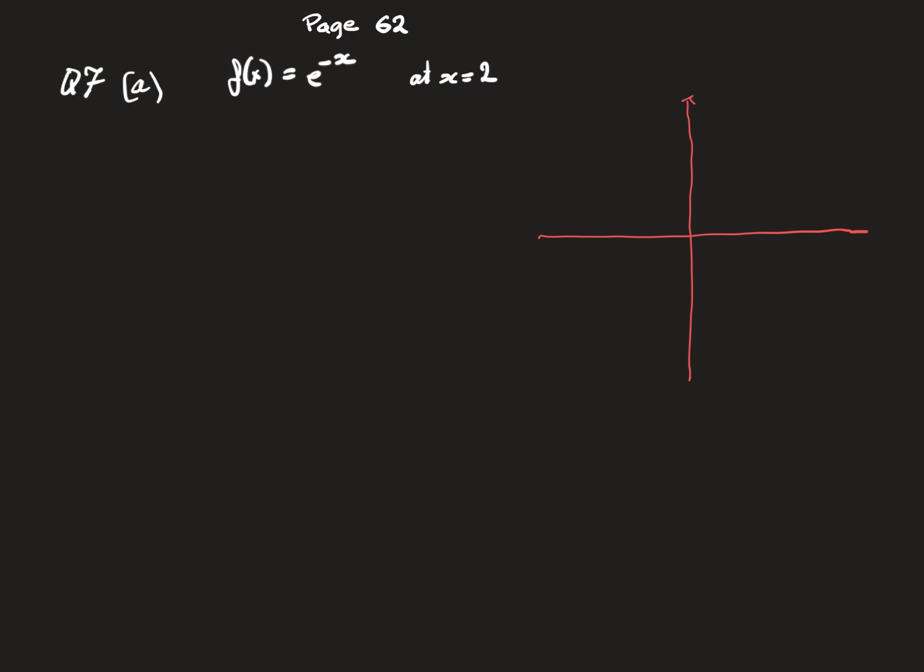You should remember that this kind of exponential function is called e to the x, and the one which goes this way here, which is the mirror image in the y-axis, is the one which we call e to the minus x.